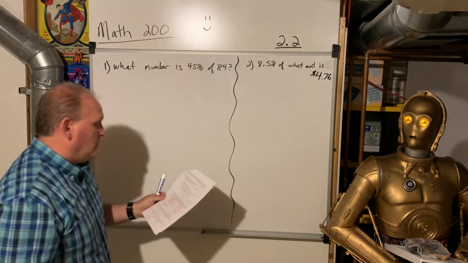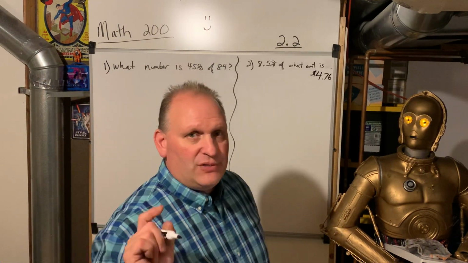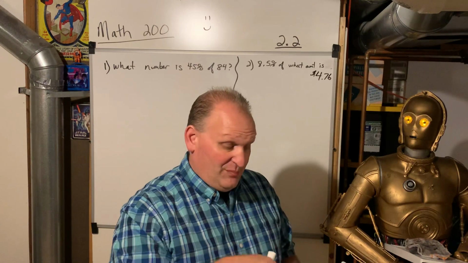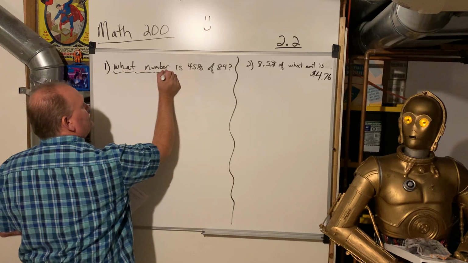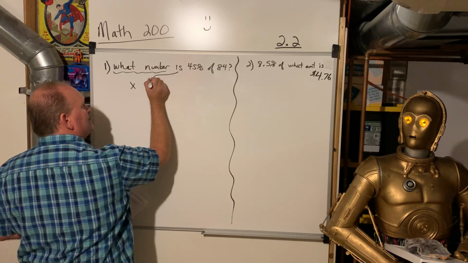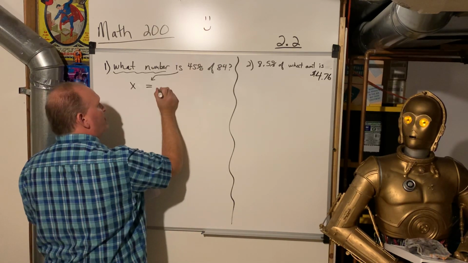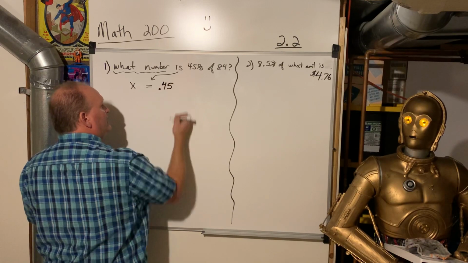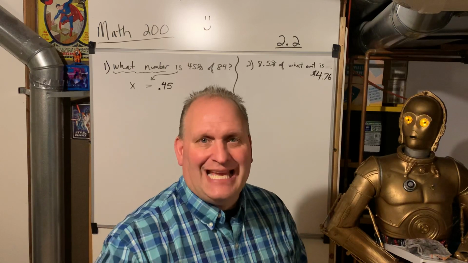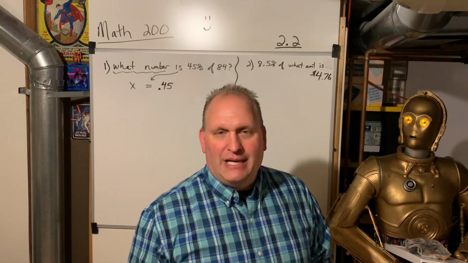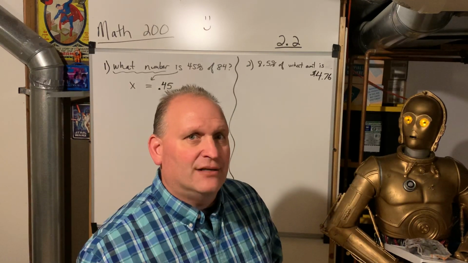Okay, so let's do this. Is means equals, of means times. Anytime you have a percent, you have to make it into a decimal so it can play with the real numbers. So what number, when we translate that, is just x, equals 45%. We can't put down 45, we've got to make it into 0.45. Remember what percent stands for: out of 100, per cent. Think of cent in money: cents, 1/100th of a dollar, like 100 pennies make up a dollar.